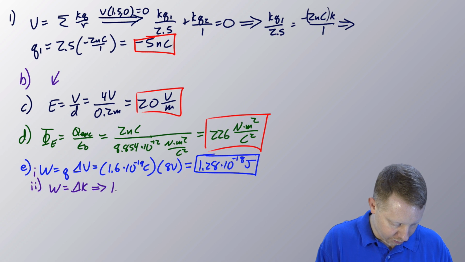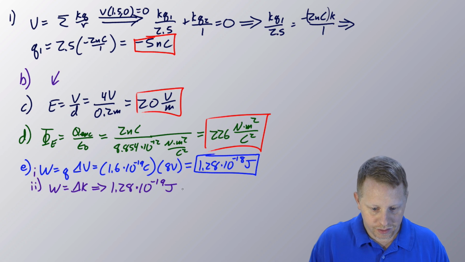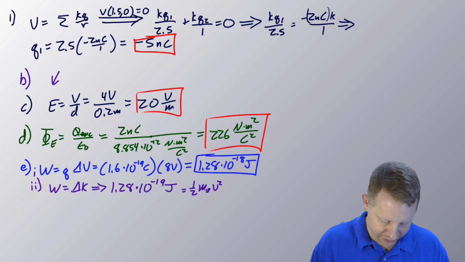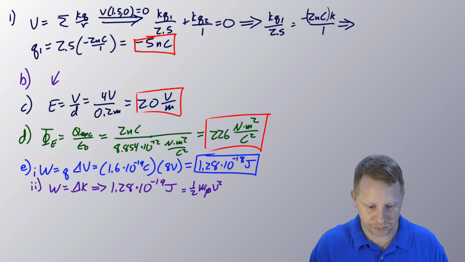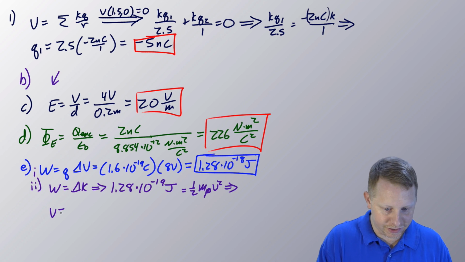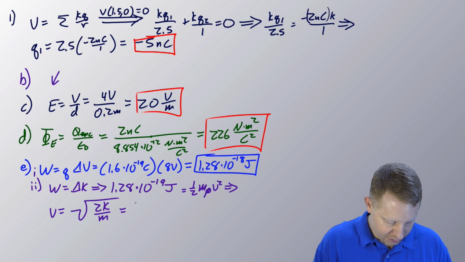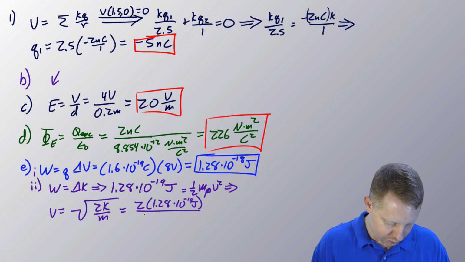This implies then that our work, 1.28 times 10 to the negative 18 joules, must be equal to 1/2 times the mass of our proton times our speed squared, which implies then that our speed is the square root of 2 times our kinetic energy divided by our mass, which is 2 times 1.28 times 10 to the minus 18 joules, divided by the mass of our proton, about 1.67 times 10 to the minus 27 kilograms.